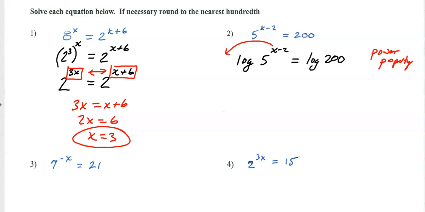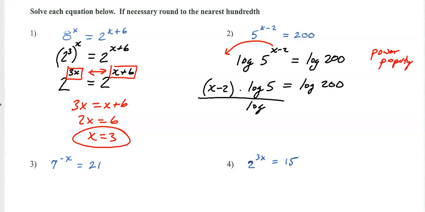I yank that out front, and I get x minus 2 times log of 5 equals log of 200. Remember, those are just decimals, just some number. So to get x by itself, I'm going to divide by that log of 5, to isolate that x expression there.